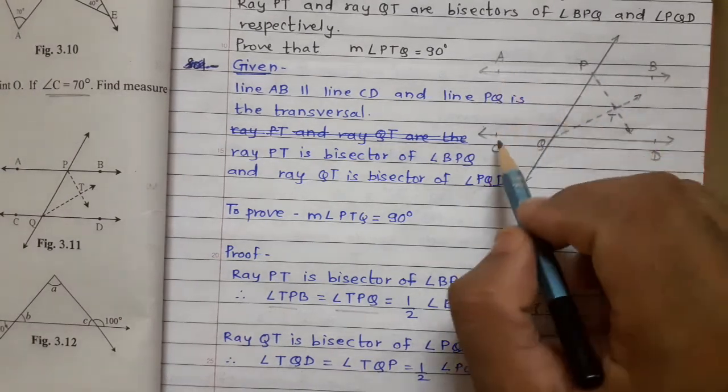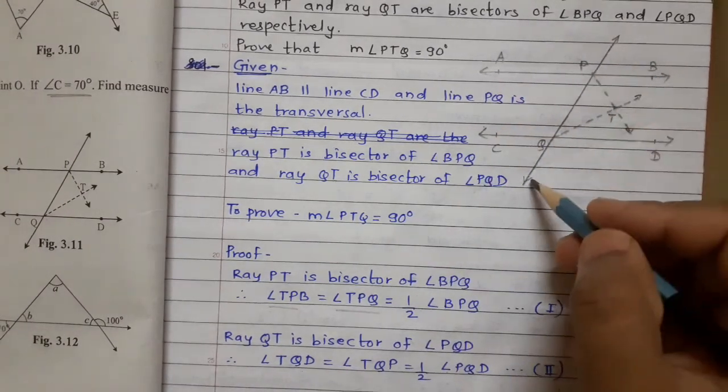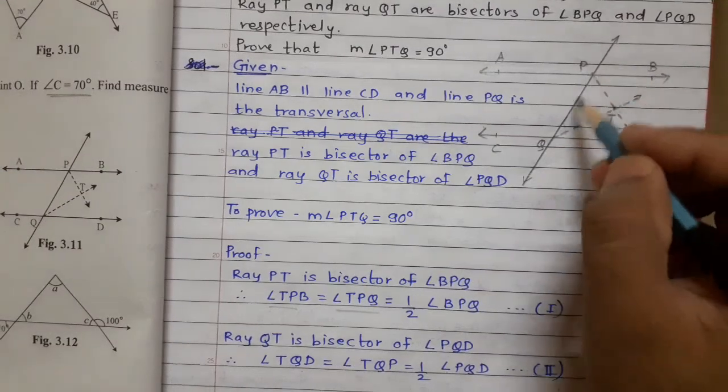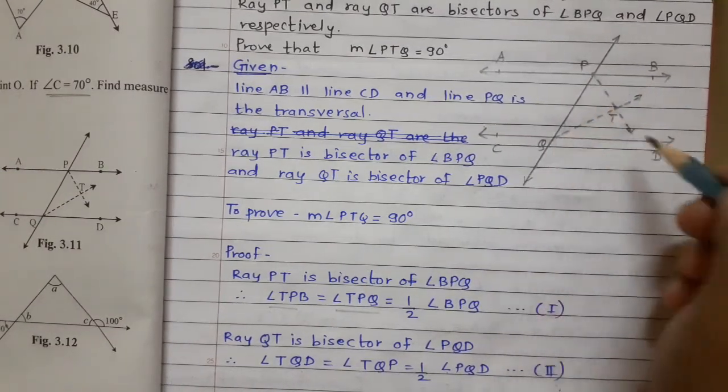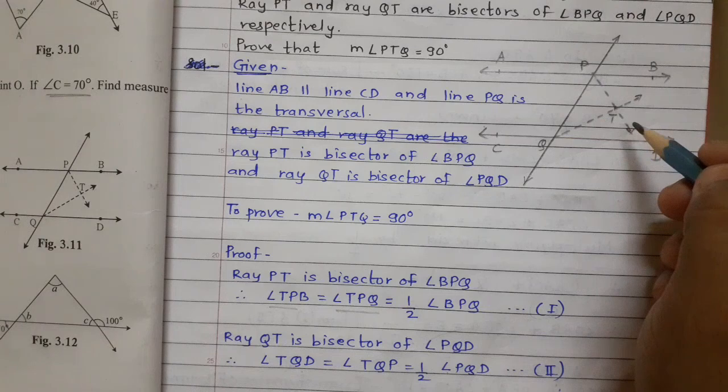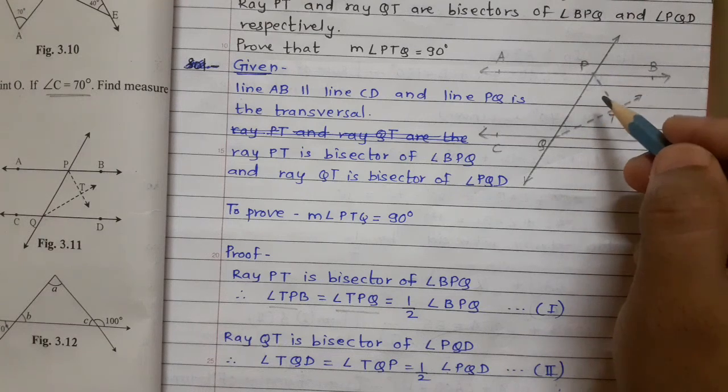AB and CD are parallel and PQ is their transversal. Then we have angle BPQ and angle PQD as interior angles, and we know that interior angles are supplementary.